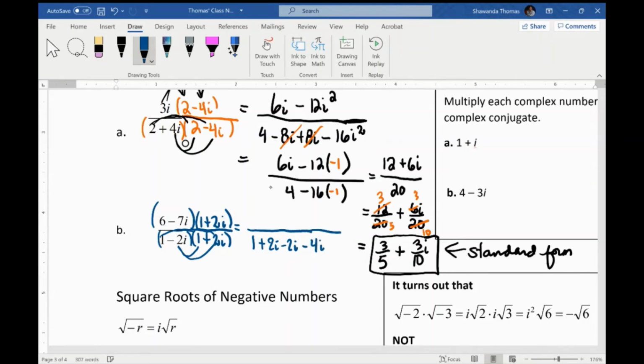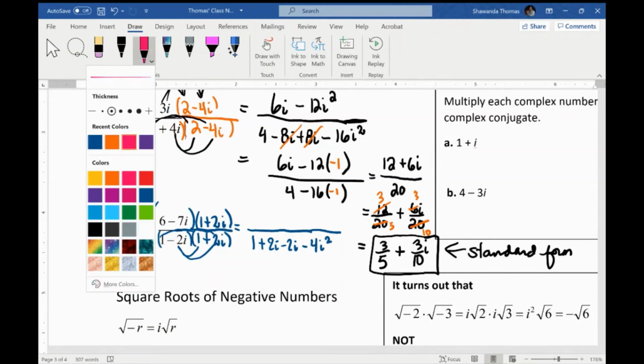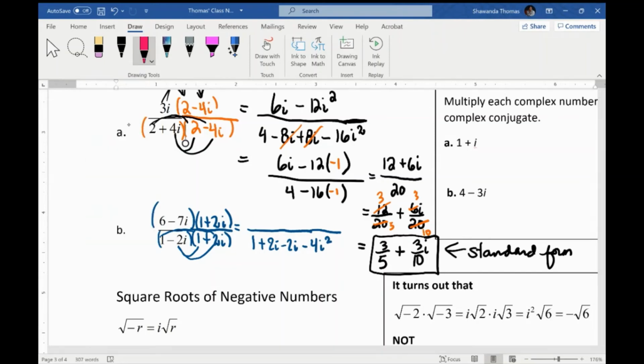Anytime we're multiplying conjugates together, the middles cancel out. So honestly, you don't even have to do the whole FOIL; you could just do the first and the last parts. That's just a little tip, but if you're shaky on that, FOIL the whole thing out.